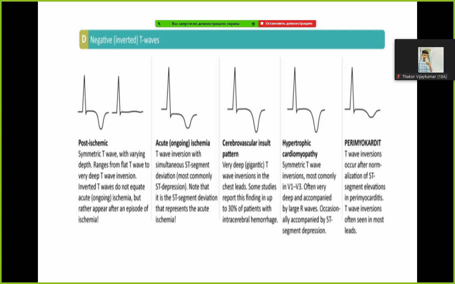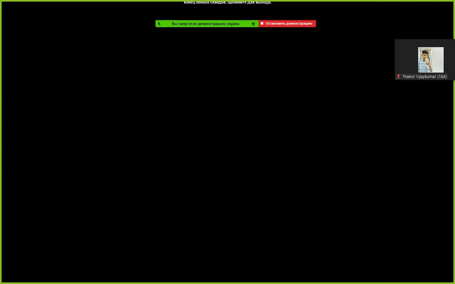However, T wave inversions that are accompanied by ST segment deviation, either depression or elevation, are representative of ischemia, but in that scenario it is actually the ST segment deviation that signals that ischemia is ongoing. So we finished this part of our lecture.